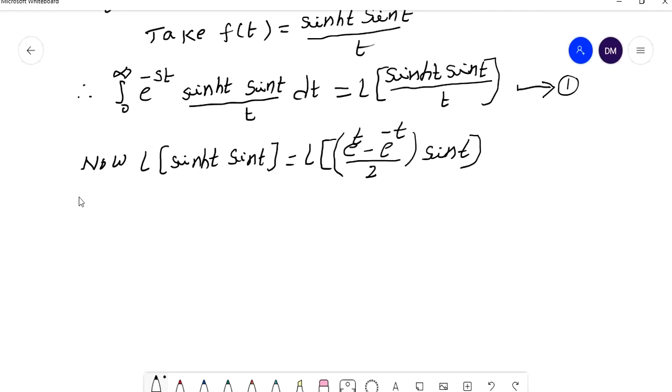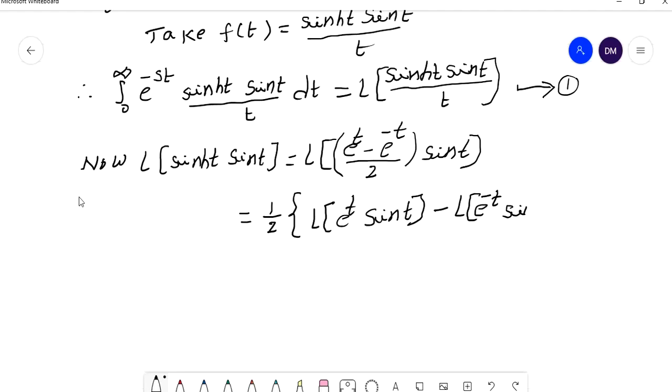Now this is equal to 1 by 2, a constant, keep it outside, and apply the Laplace transform to the remaining terms. L of e^t sin t is one term, minus the second term, L of e^(-t) sin t.